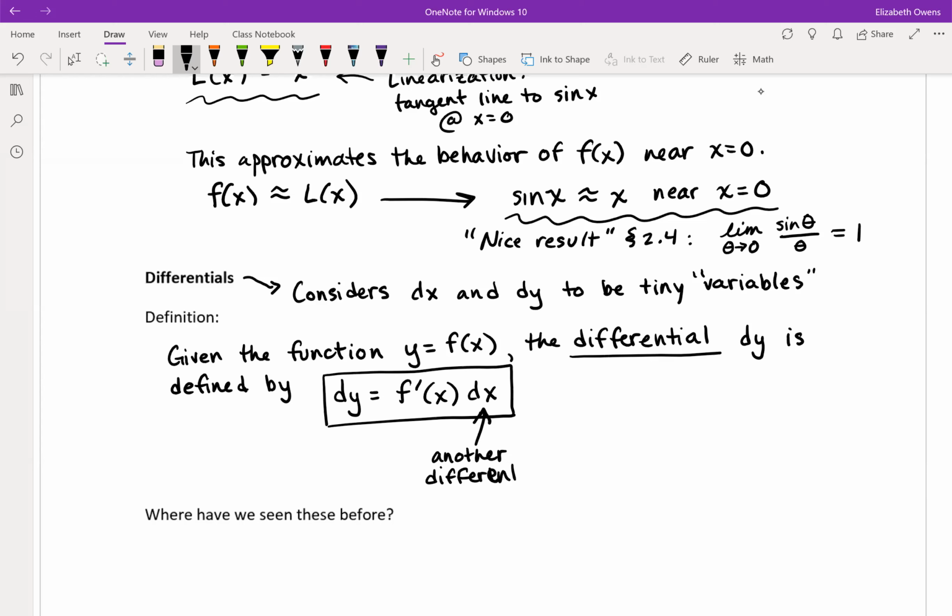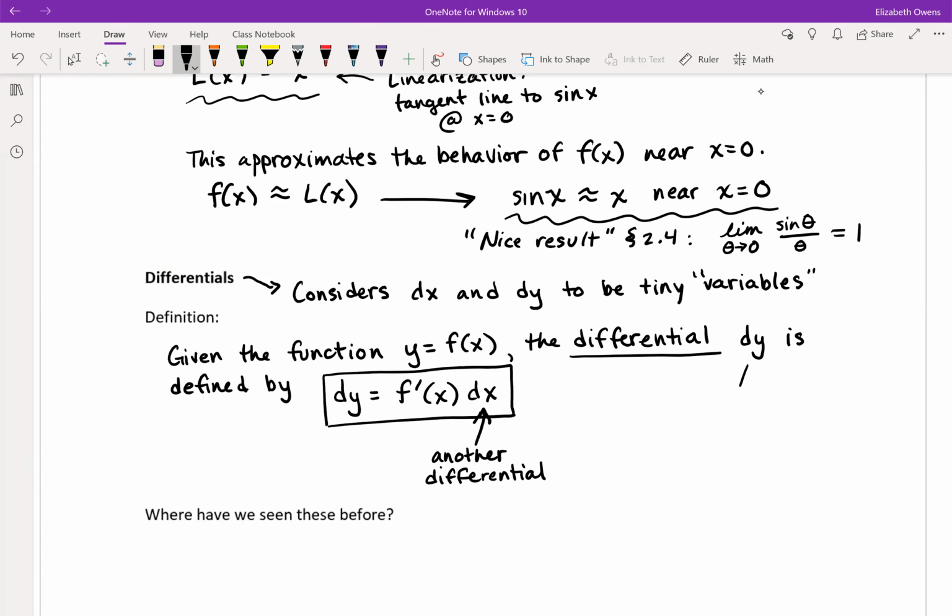And so you'll notice if we're considering dx and dy, these differentials are like tiny little variables. This little tiny variable dy depends on what is going on with dx and also what's going on with the derivative f prime of x.